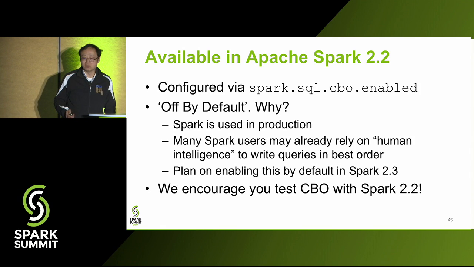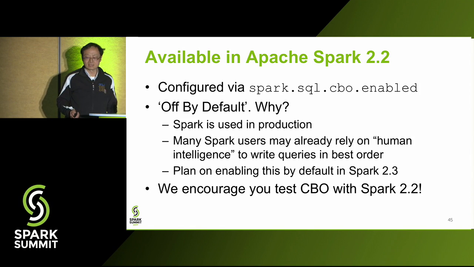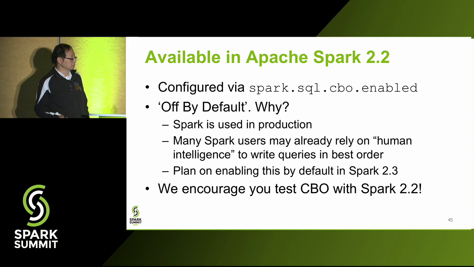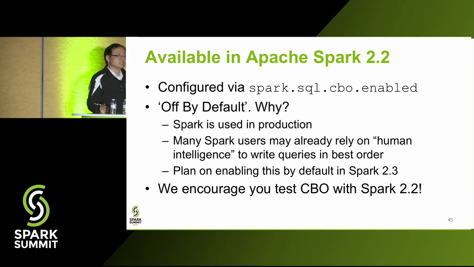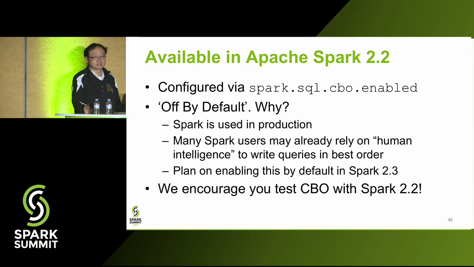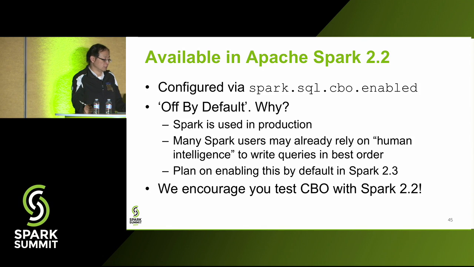You can turn on or turn off CBO features with this configuration parameter, spark.sql.cbo.enabled. In the very first release, the default value of this parameter is set to false. Why?